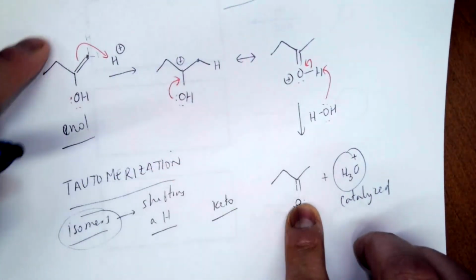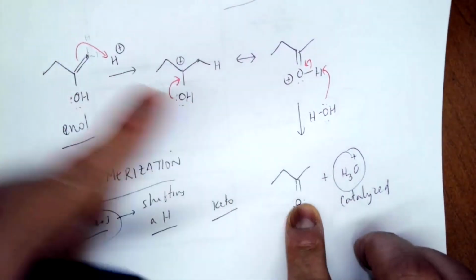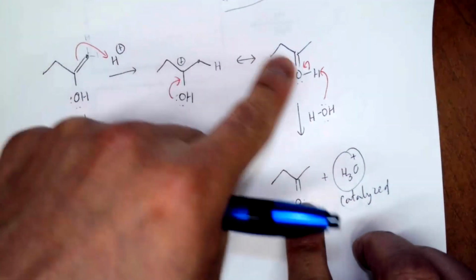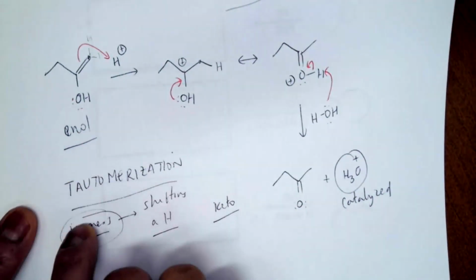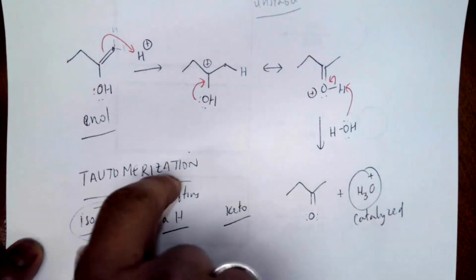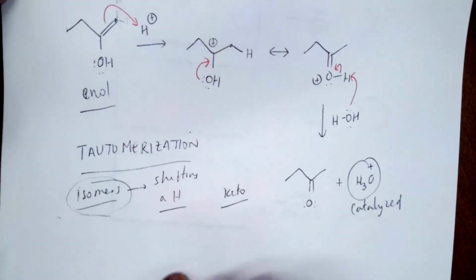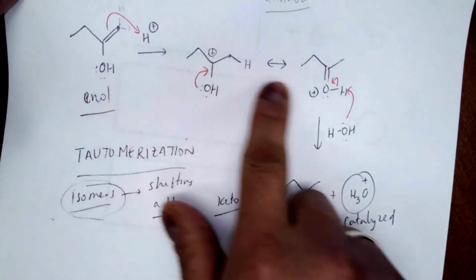These two are isomers, but the conversion of two isomers that involves a hydrogen shift through a chemical reaction is tautomerization. Remember that I might be asking that in quizzes and exams, any semester. Okay, good. So that is the mechanism in acidic conditions.